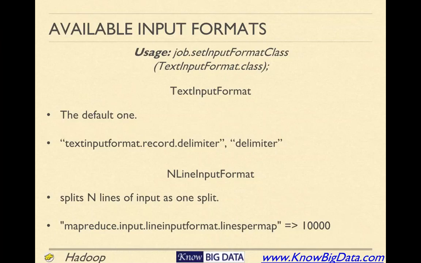You have, say, 10,000 URLs to crawl, and you want to limit one mapper to crawl only 100 URLs. In that case, you will say that the total number of lines per mapper should be 100. So if you want to limit the number of lines, you could use NLineInputFormat.